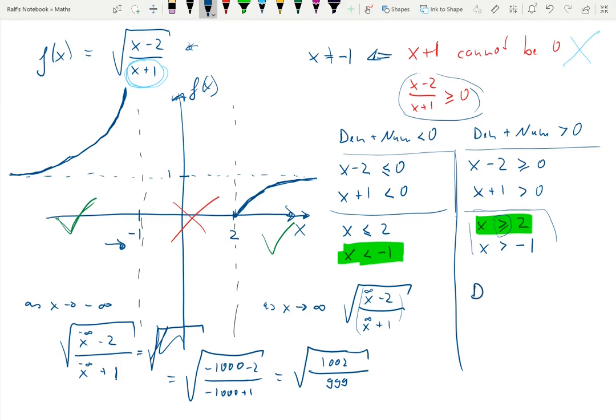So the domain of f of x is x element of -infinity to -1, or x element of an interval going from 2 to infinity. Infinity always gets a round bracket, and here, because that value 2 is allowed, we have a square bracket. So that is the domain.